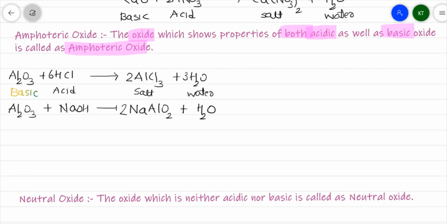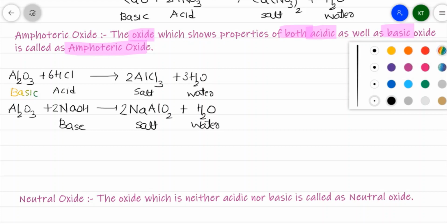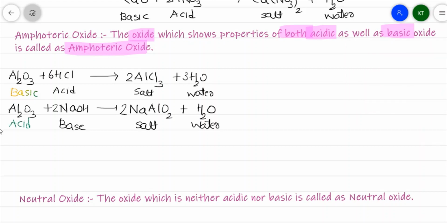Reaction got balanced. Now look at here. Al2O3 here reacts with base so as to give me salt and water. So what could be the nature of this Al2O3 here? In this case, Al2O3 will act as acidic.